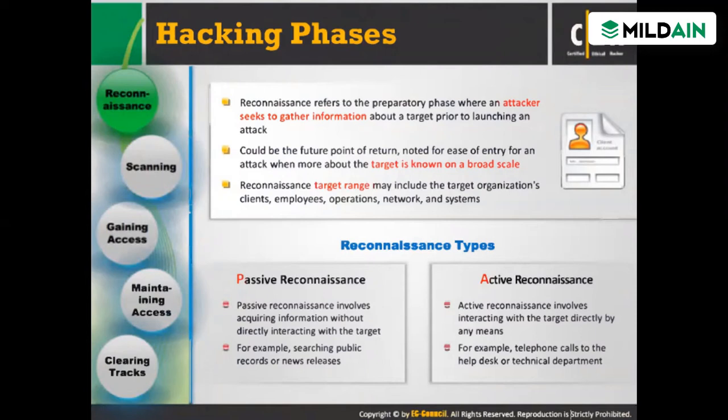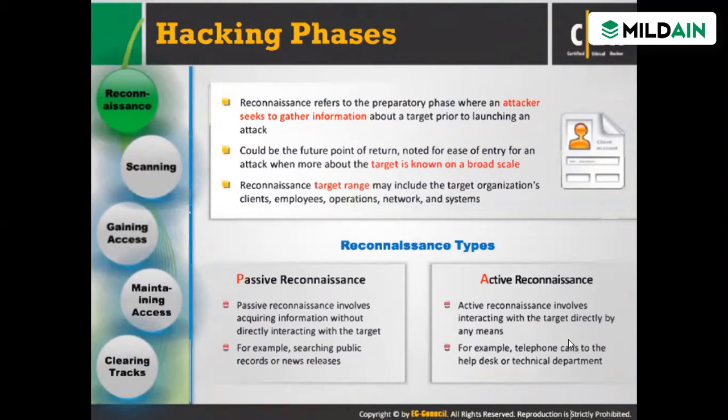There are two types of information gathering. One is passive information gathering, and the second is active information gathering. In passive information gathering, you just go online, and we'll cover this in great detail. You check the details about a particular person. You are not getting in touch with that person. So that's passive, where you are not directly involved.